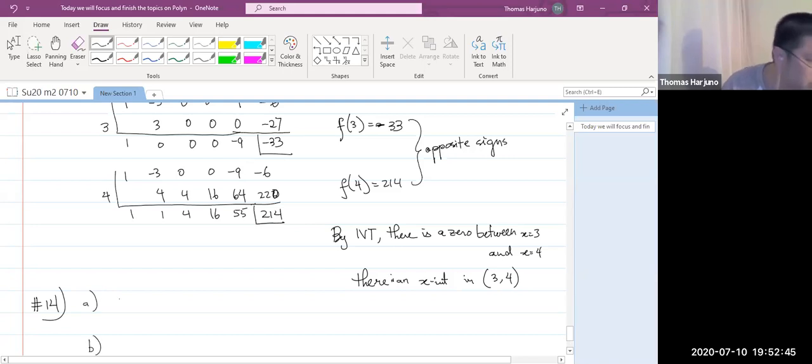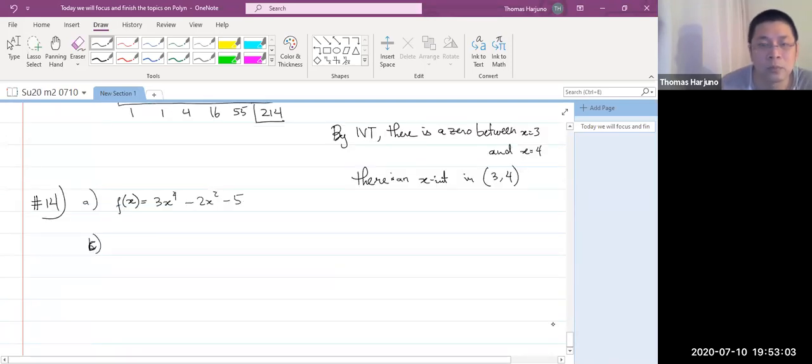That's all we need, actually. f(x) equals 3x to the 4th minus 2x squared minus 5. Okay, find the far end behavior.